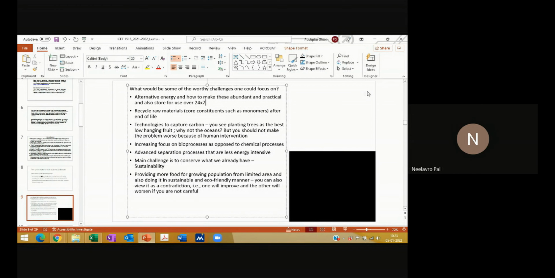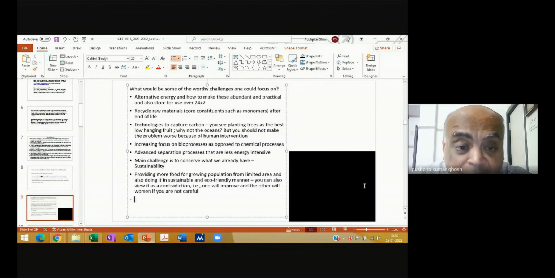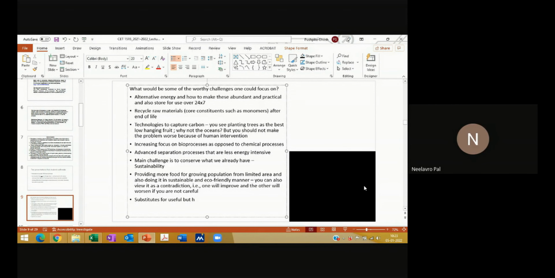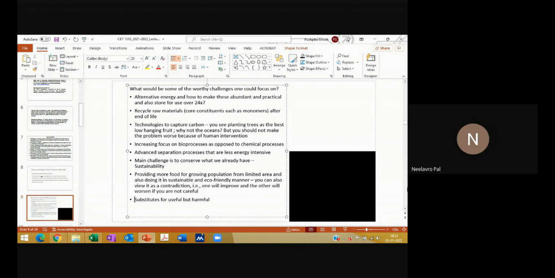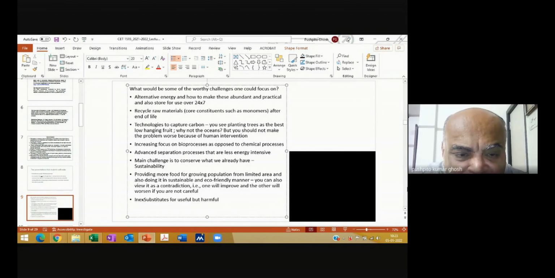So we can also look for alternative products to those which are actually harming nature, like plastics or polymers. Substitutes for useful but harmful products. And they should also be cheap, I think. Cheap substitutes, you mean inexpensive substitutes?